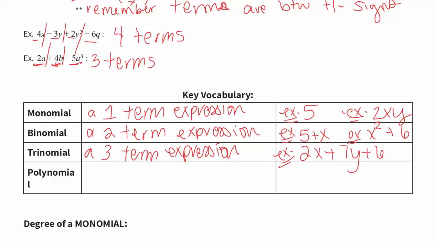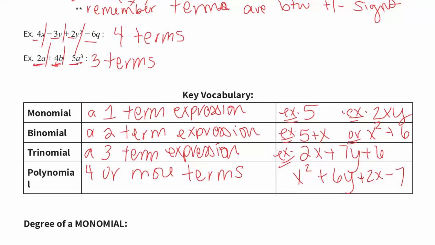So then a polynomial, which is what this whole next unit is, a polynomial is 4 or more terms. So if you want to give me an example, I could do x squared plus 6y plus 2x minus 7. I have 1, 2, 3, 4 terms.